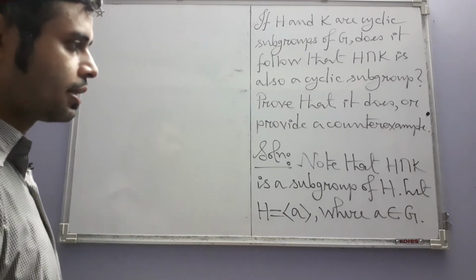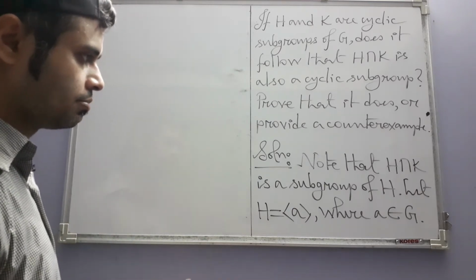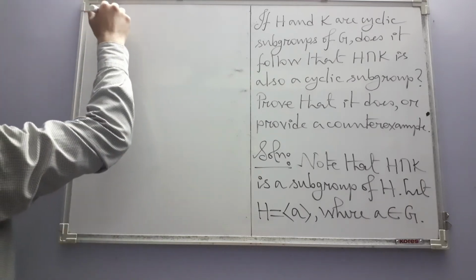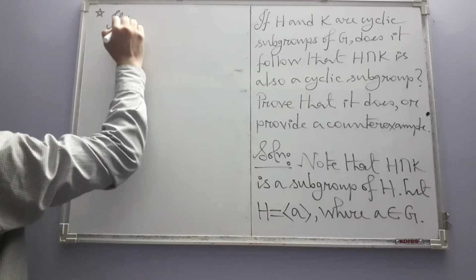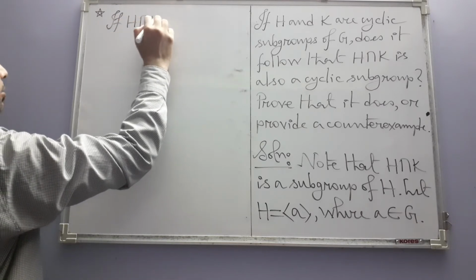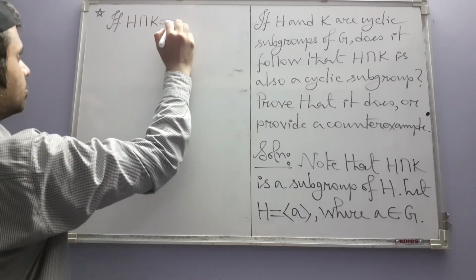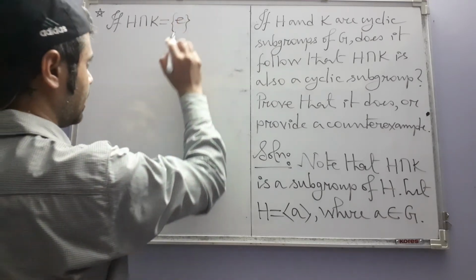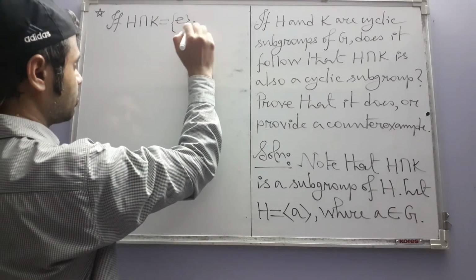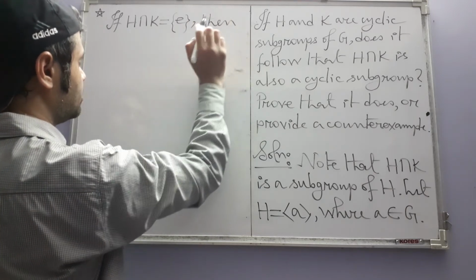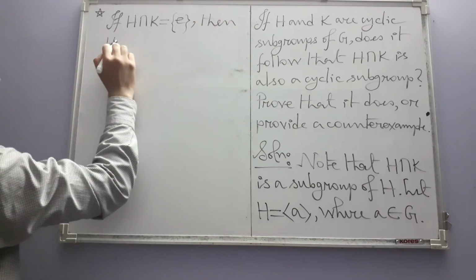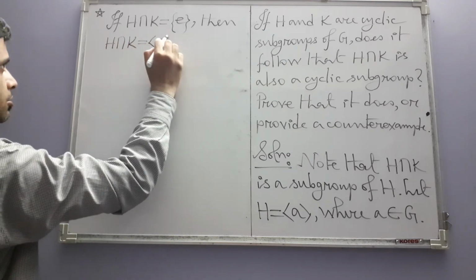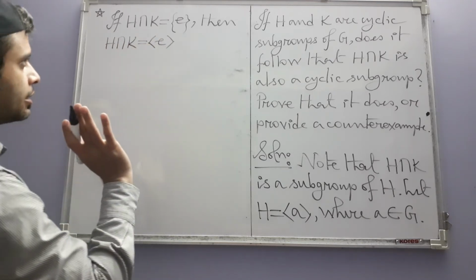In the beginning itself, we dispose of one trivial case. If H intersection K turns out to be the trivial group consisting of only the identity element in G, then of course it is cyclic, because in that case it is also the cyclic subgroup generated by the identity element.